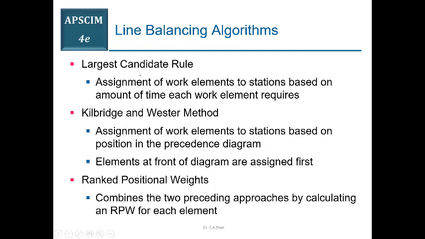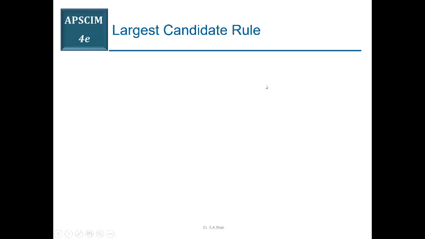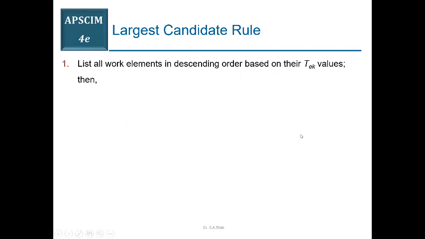First step जो है वो तीनों में different है, and then the remaining steps are exactly the same. So once you know one rule, so you will easily then understand the other two. So the steps that are involved in largest candidate rule are these.